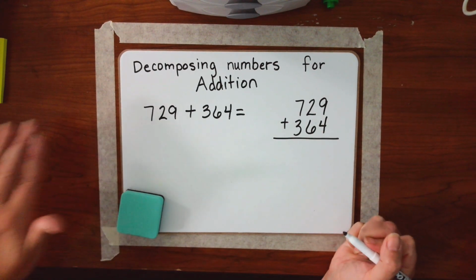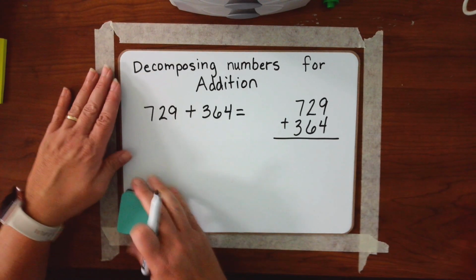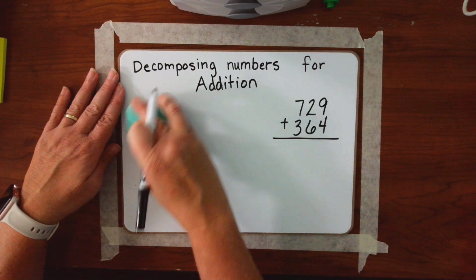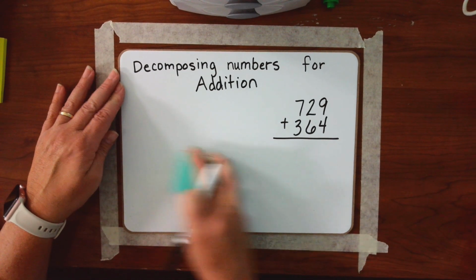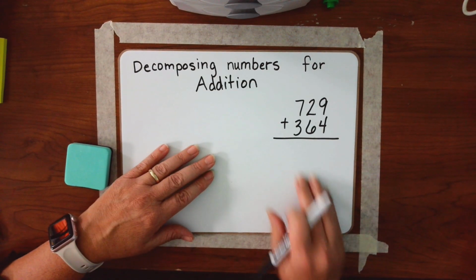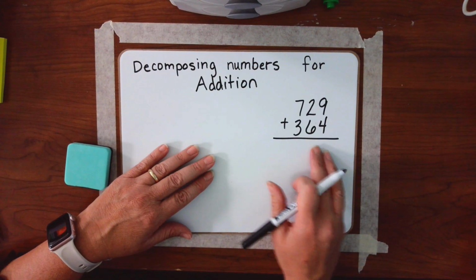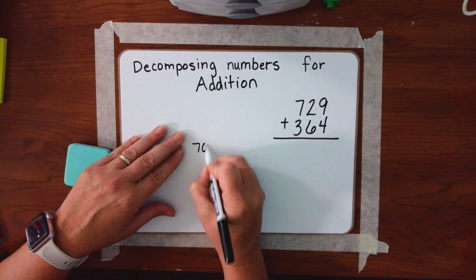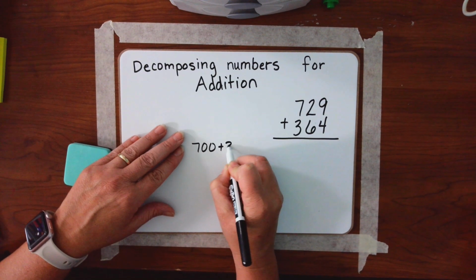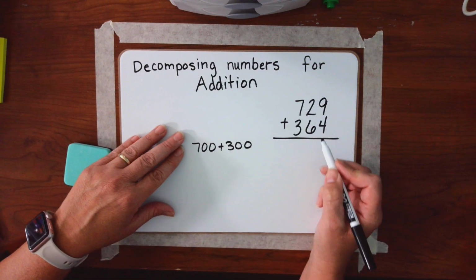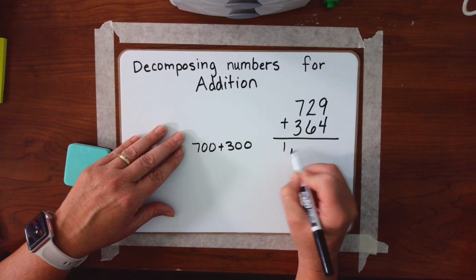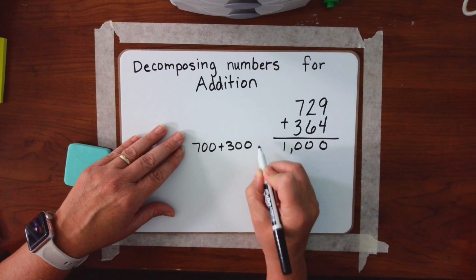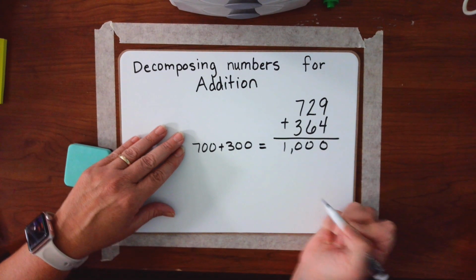Now some of us want to write our problems like this, and it's completely fine, but we're still going to do the partial sums model. And what I'm going to do, not underneath of my problem, but over here to the side, I'm going to say, well, I can add 700 plus 300, and that's going to give me 1,000. So I'm going to put my answer right here.